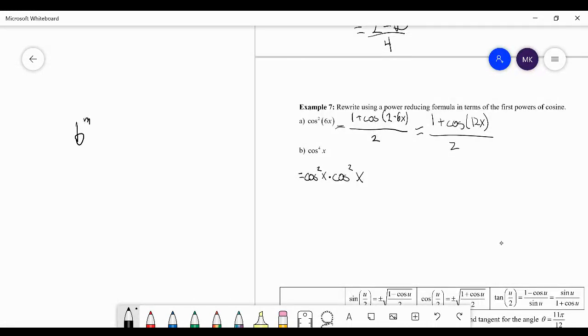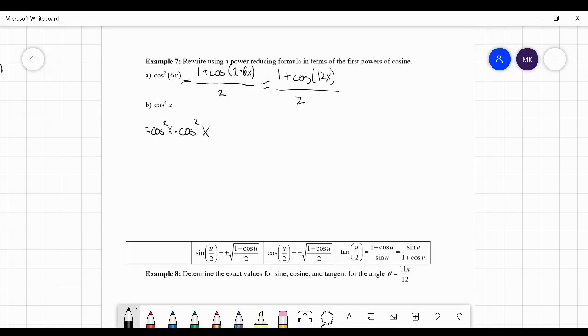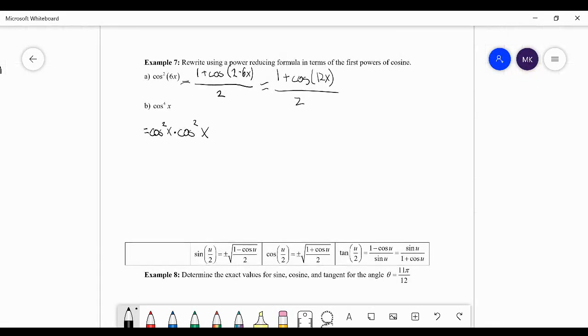If I have b to a power times b to another power, we combine those exponents by adding them together. So the bases are both cosine x here, and so we just add those exponents. And so here I can just apply the power reducing formula twice, giving me 1 plus cosine of 2x over 2 times 1 plus cosine of 2x over 2.